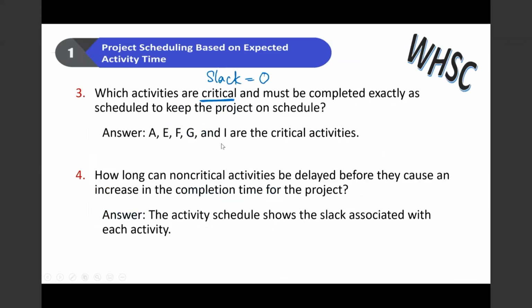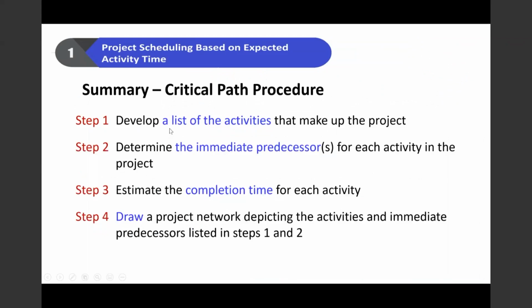Here I'm giving you a summary of the critical path procedure. First, we have a list of activities. We have determined the predecessors and estimated the completion time for each activity. If you don't already have that, then as a project manager you will need to compile these 3 pieces of information into a table.